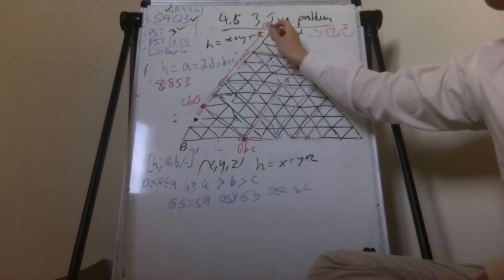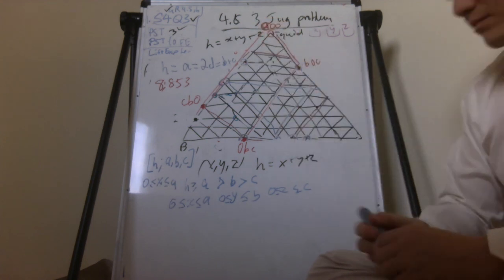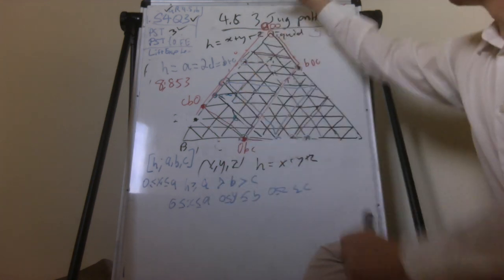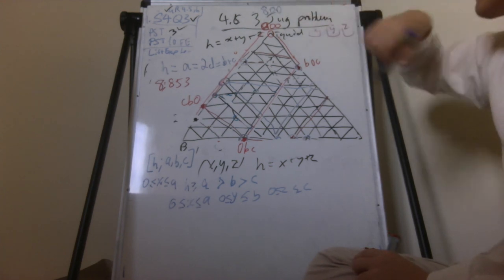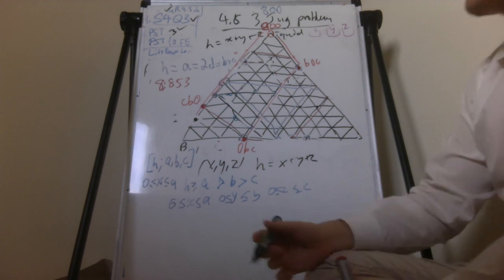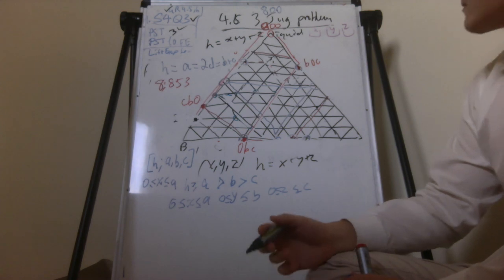That's 8. Let me draw it. That's 8, 0, 0. Oh, this diagram is inappropriate for 8, 0, 0. It's more like here.